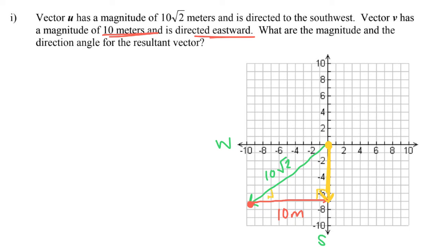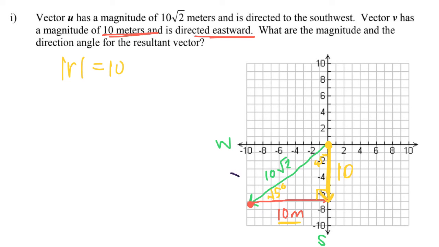So it looks like these base angles might be 45 degrees. And so if this is 10, then I know this side over here has to also be 10. So that tells me that my resultant vector, from my special right triangles, if I remember those, is going to be 10.